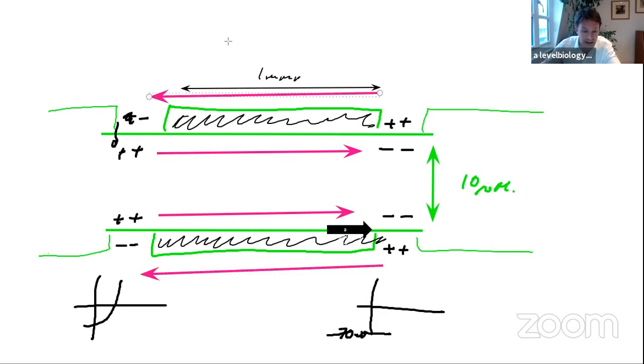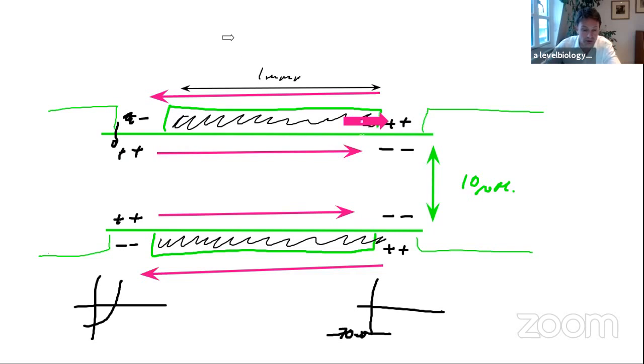So this cloud of sodiums will move sort of towards this way, and this cloud will move sort of towards this way, which will mean that at this point, the next node of Ranvier, it will be more positive on the inside or less negative, and this point here, it will be slightly less positive.